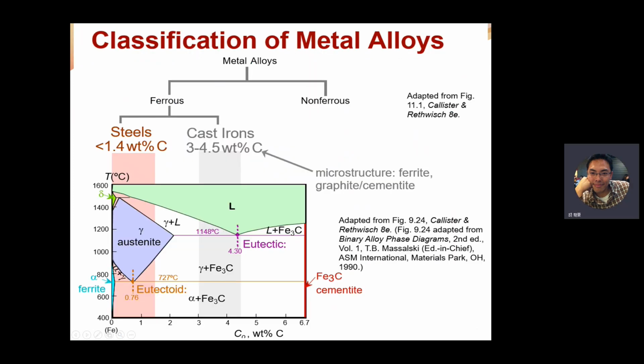The classification of metal alloys, as we already mentioned before: metal alloys can be classified into ferrous and non-ferrous. Ferrous can be classified into steel and cast iron.